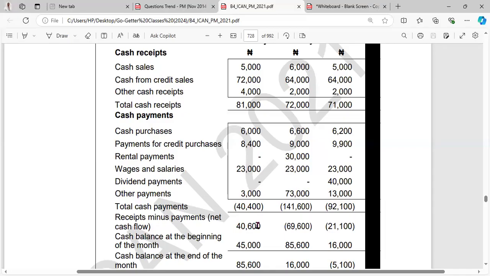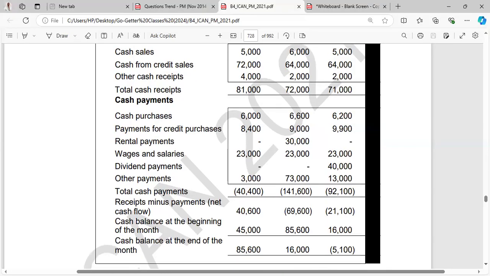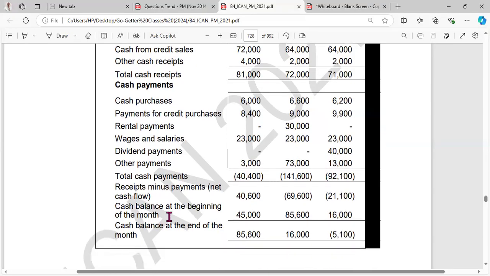Remember what we did the last time when we were doing capital budgeting, your inflow, your outflow. This is your net cash flow.